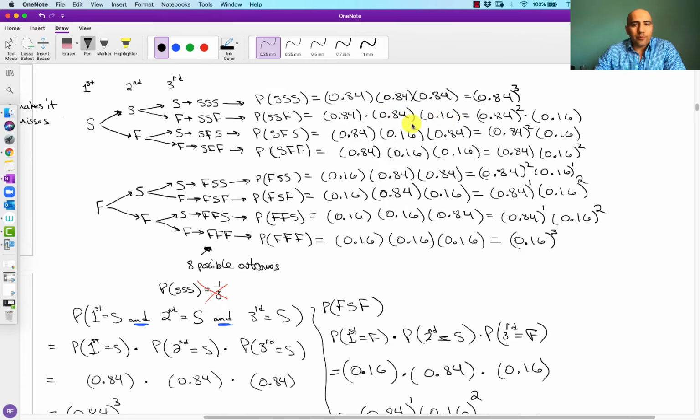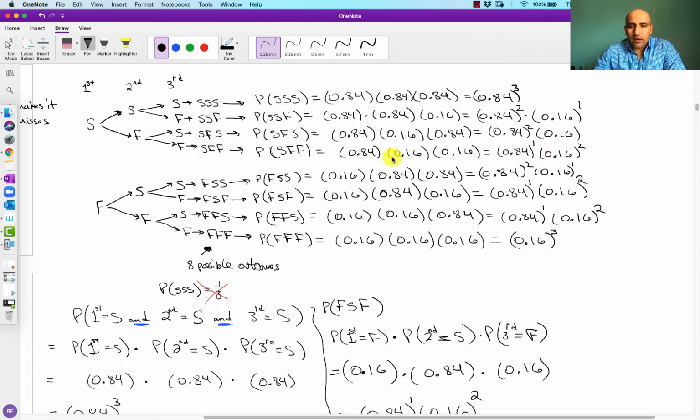And then when we regroup them, we get this, 0.84 squared, right, 2 successes, and then this we can raise to the power of 1 failure. Say moving on to this one, probability of success, fail, fail, then that's equal to 0.84 times 0.16 times 0.16, which gives us 0.84 to the power of 1 times 0.16 to the power of 2.